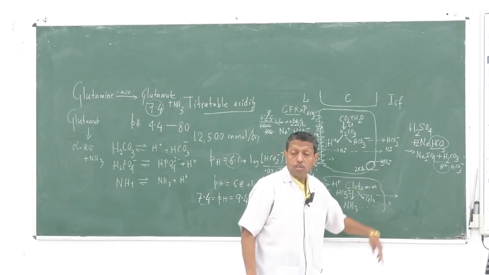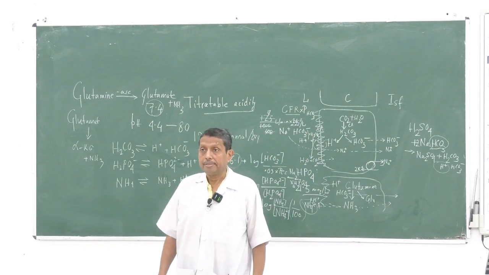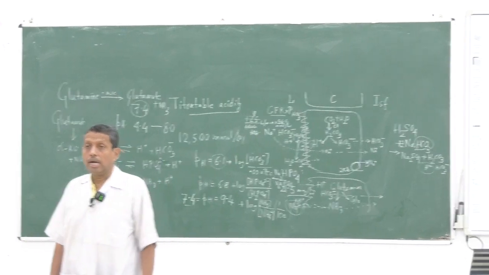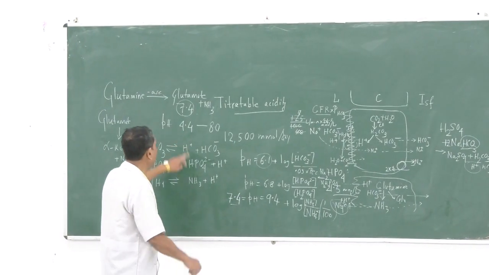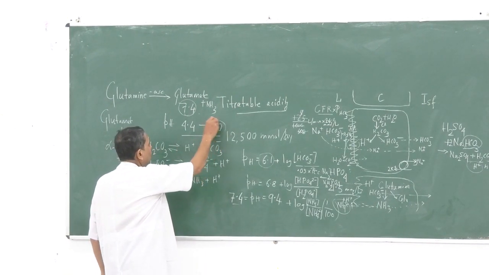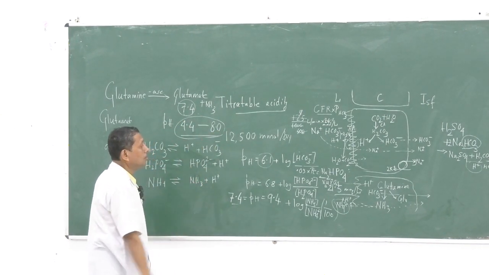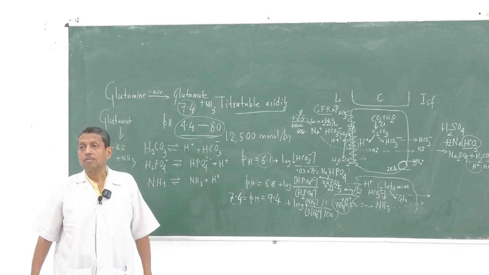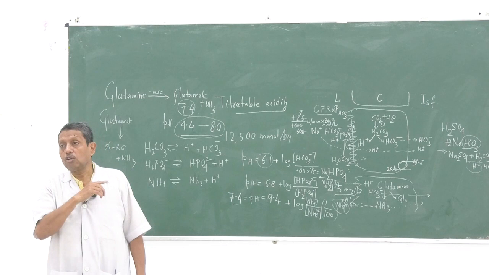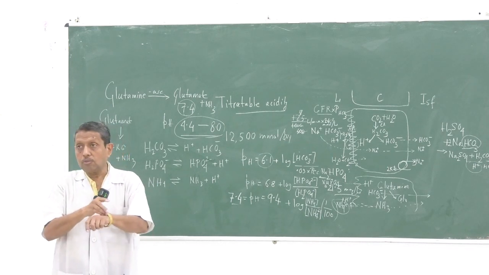And sodium is also recovered. And in this way, the pH range of 4.4 to 8.0 is produced. And this is also related to bicarbonate reabsorption.